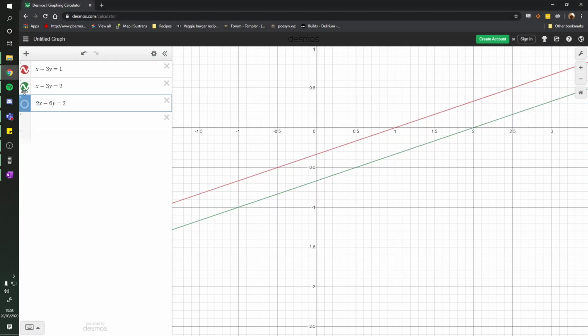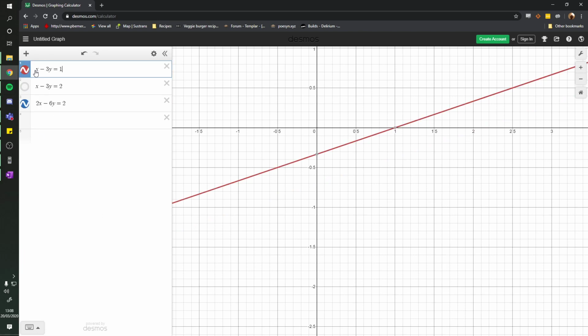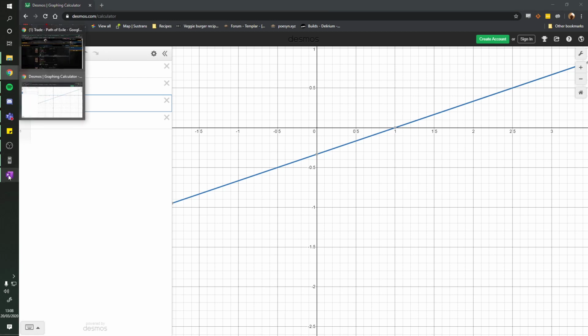If I get rid of this one, so now I've got this line instead, these are the same line. They are literally complete multiples of each other, including the constant value on the right hand side of the equation. So the fact that these are complete multiples of each other means that they are in fact the same line.